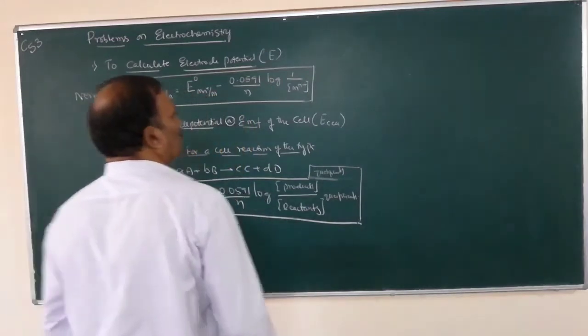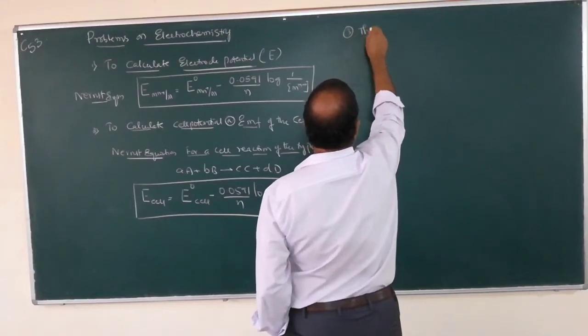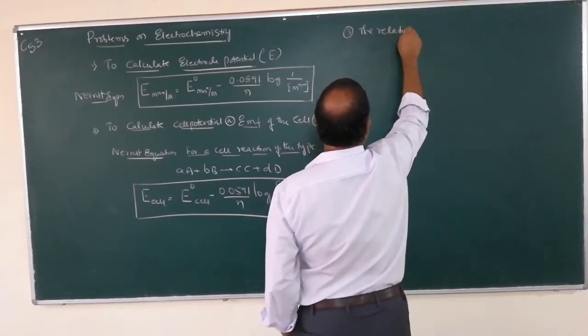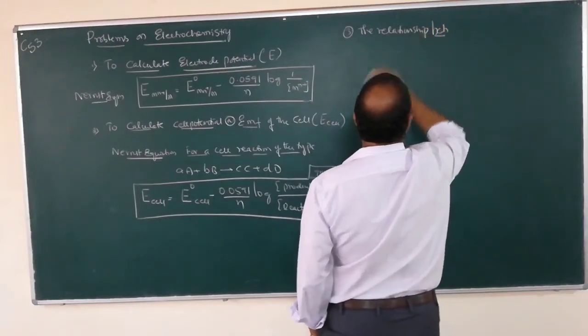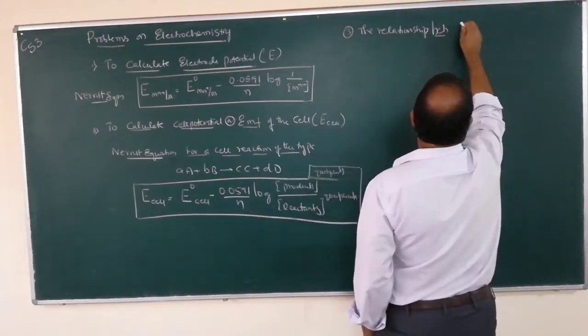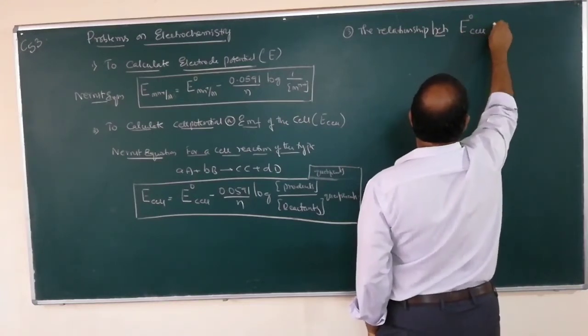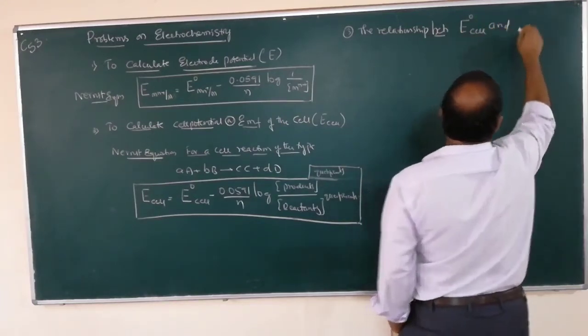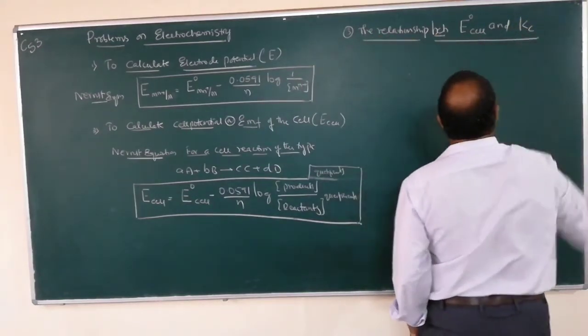Next, the third formula, the relationship between the standard EMF of the cell and Kc, that is the equilibrium constant.